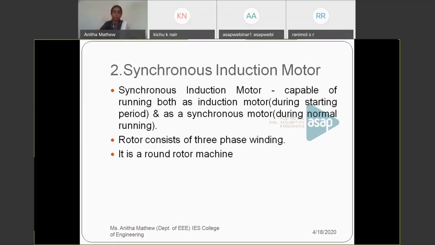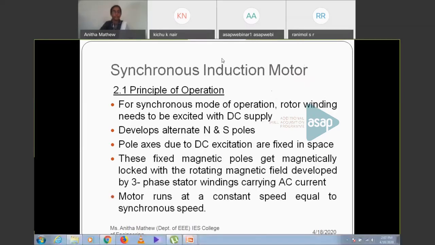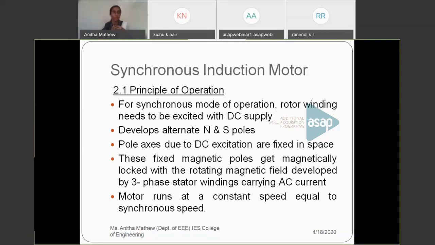For synchronous mode, the rotor has to be excited by a DC supply. That is the working principle. When the rotor winding is excited, and the rotating magnetic field that is already created in the stator gets magnetically locked with the north pole and south pole, what will happen?